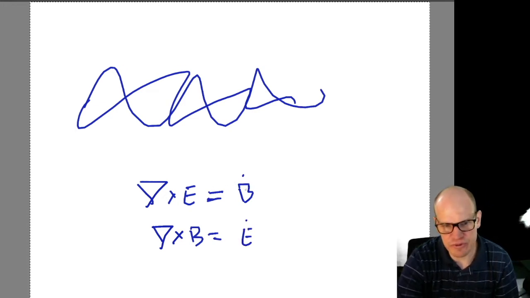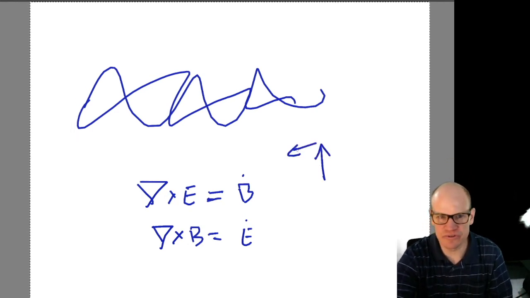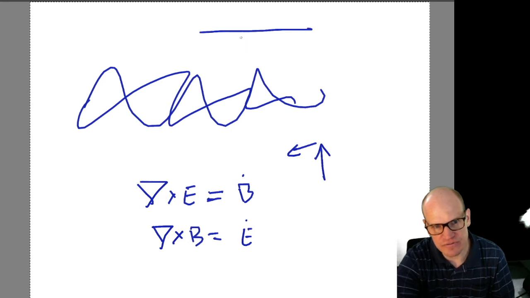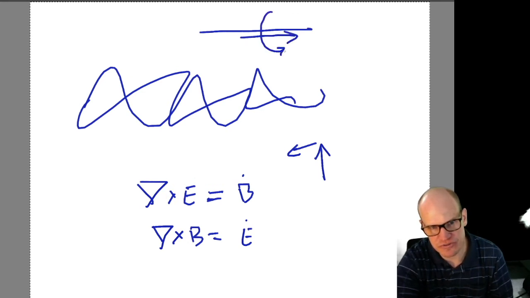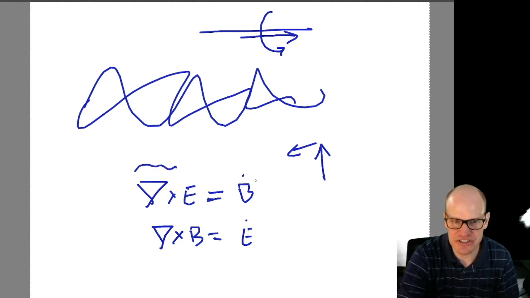The time derivative of the magnetic field gives you the curl of the electric field, but the curl is always perpendicular. If you have a wire, the flow of electricity goes this way, but the curl is perpendicular to the flow. So this curl is also perpendicular to the change in the magnetic field.